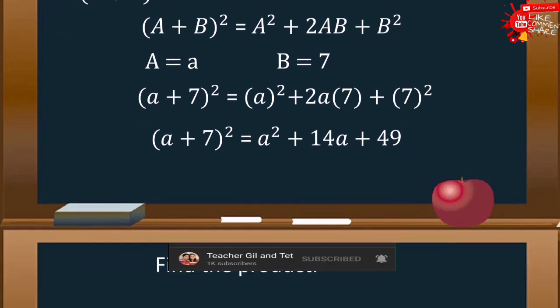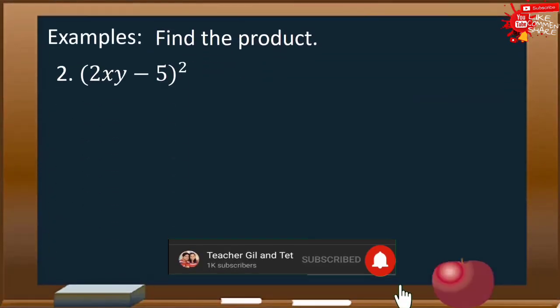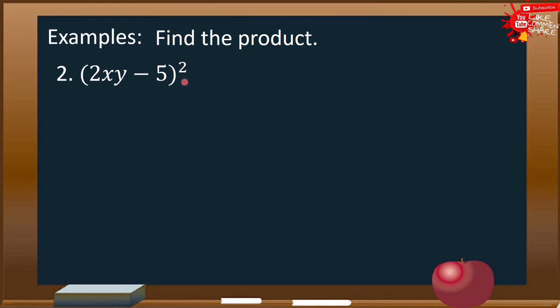Now let us have our second example. We have here the square of 2xy minus 5. Again, we will use the mathematical sentence that the square of a plus b is equal to a squared plus 2ab plus b squared.